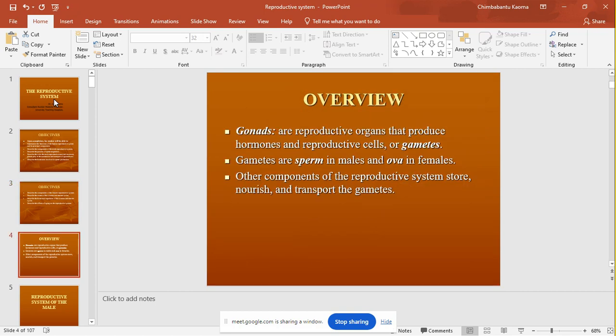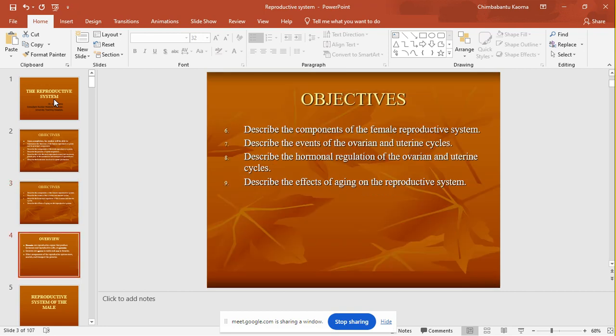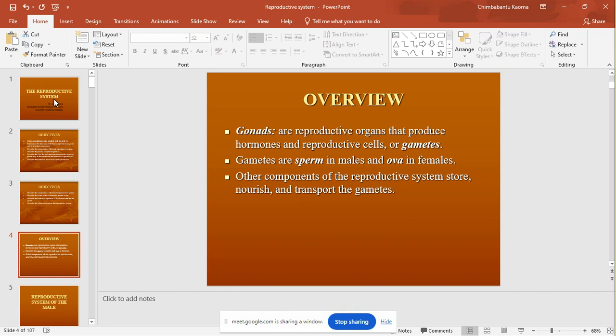So the overview is that, basically, in our discussion we will be looking at the reproductive system, which is mainly made up of gonads.